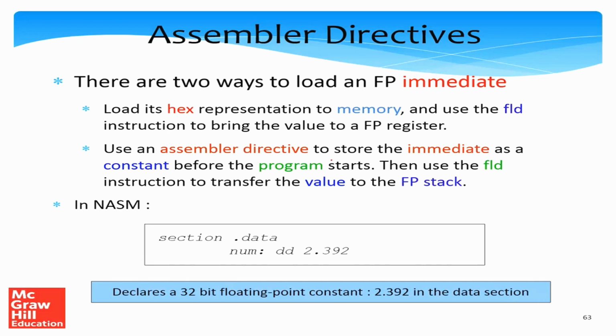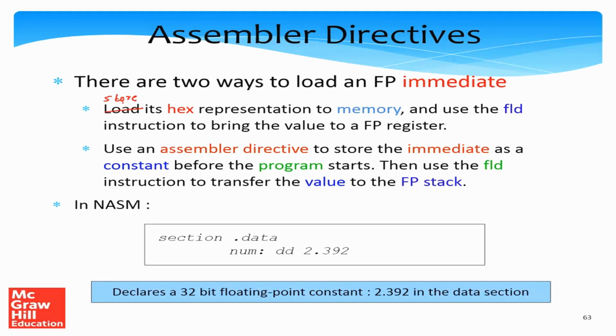So there are two ways to load a floating point immediate. The first is that we first load its hex representation to memory. Let's take the number 3.5. Well, technically this should not be called load. It's better to call it store.